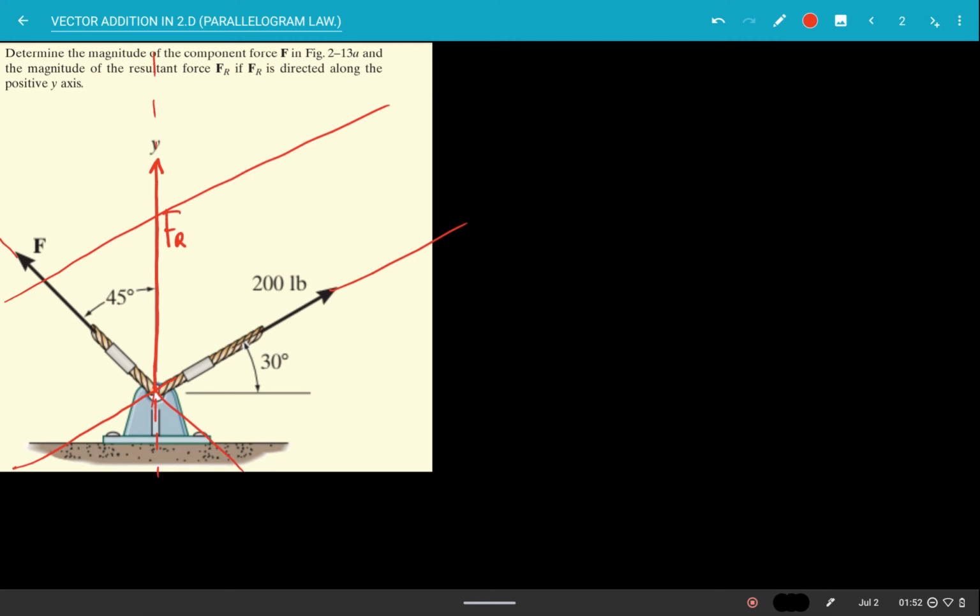Remember that whenever we draw the resultant line, it comes from the center. But in this case, we have already drawn the resultant line here. So which means that as we are drawing the parallel lines, we have to make sure that it touches the resultant line at the same point. So the parallel line of this line, which is parallel to that line, should touch this point where it has touched.